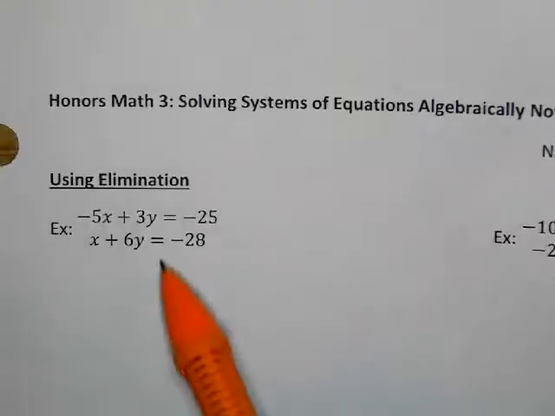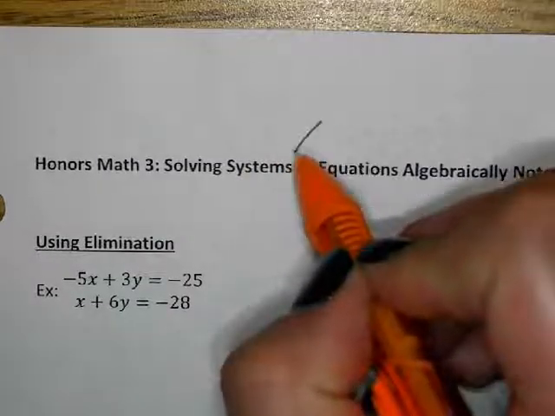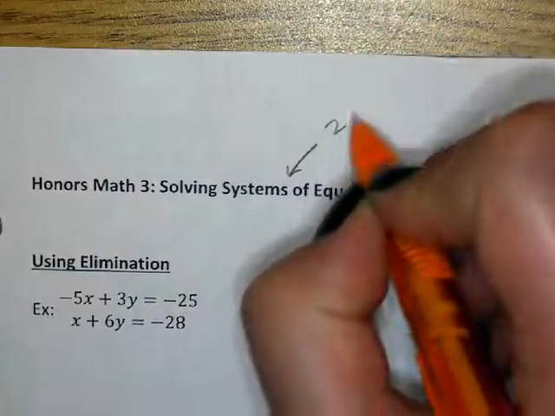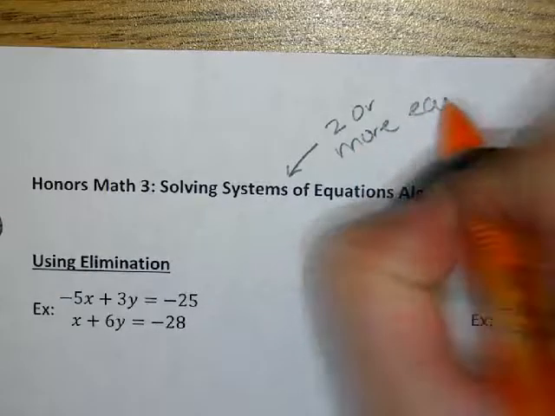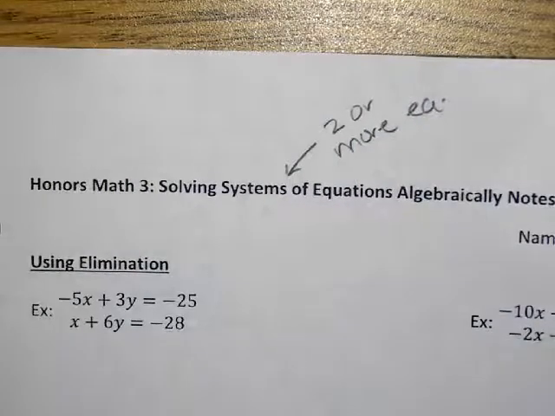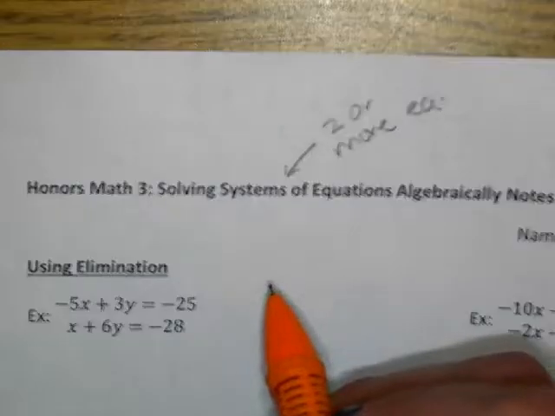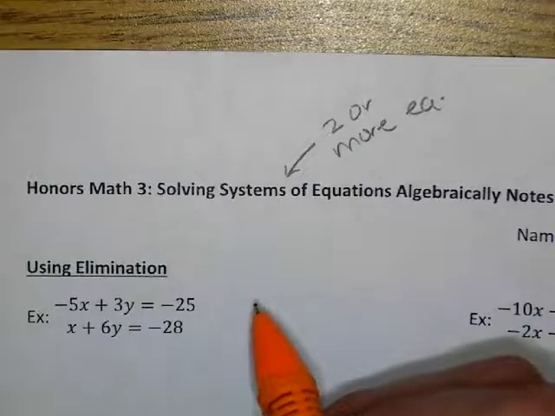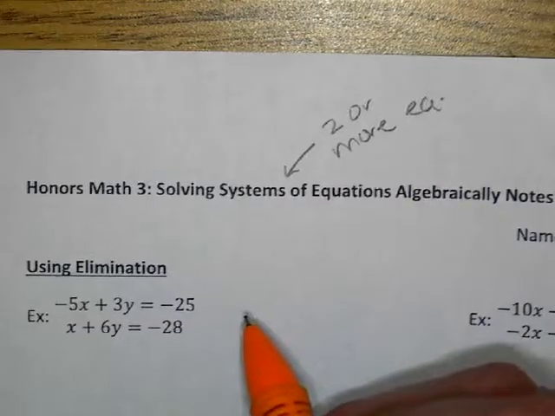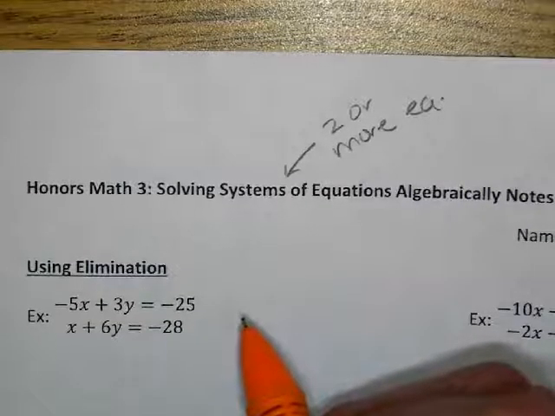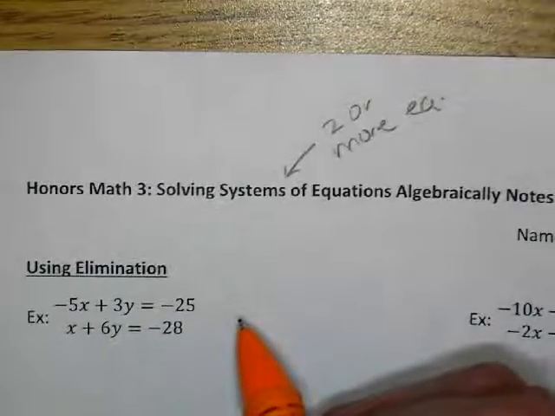So a system of equations is two or more equations. And then the solution is, if you were to graph these two equations, or if you had three, graph the three equations, or if you had four, graph all four of them, the solution is where they cross. It's that single point where the two lines cross. Does that sound familiar? Okay, so the solution is where they cross.